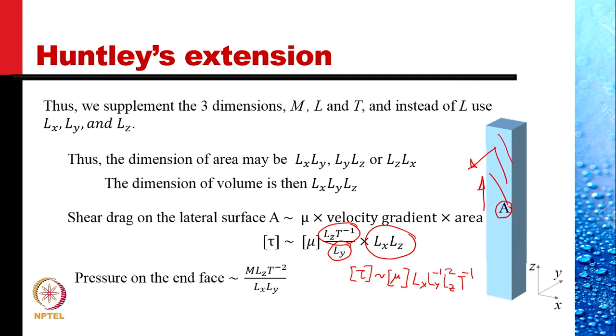On the other hand, the pressure on the end face here would be the force, which would now be m Lz t minus 2, since you are talking of the z direction. And the area on which it acts has a dimension Lx, Ly. So, the dimension of this pressure would be m Lx minus 1, Ly minus 1, Lz t minus 2.